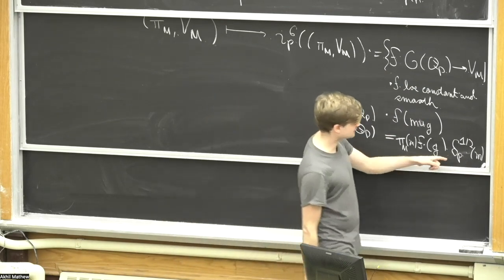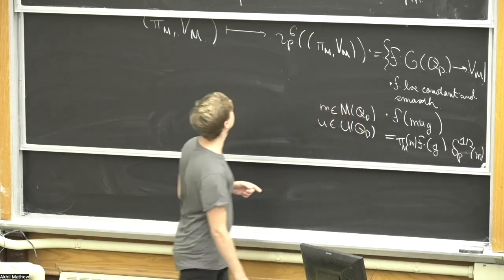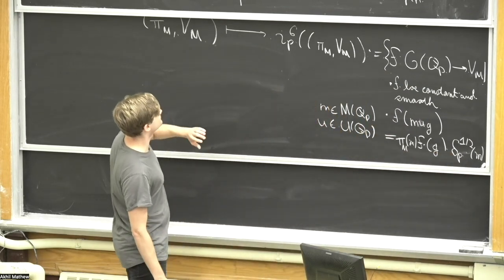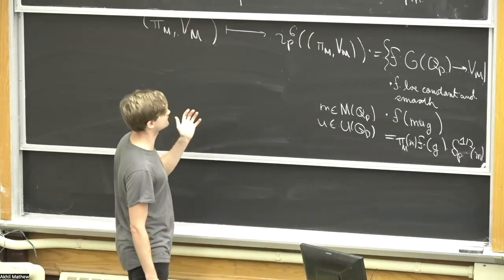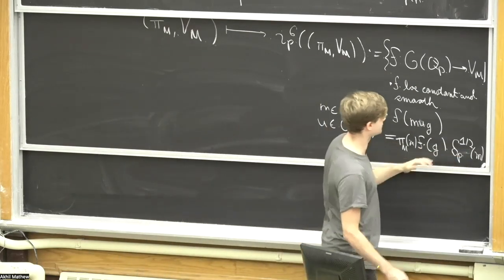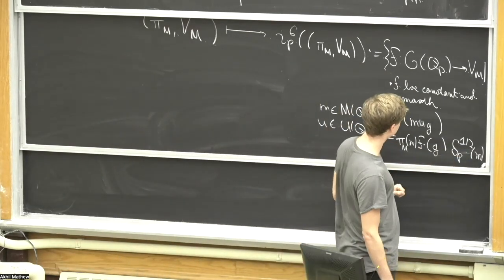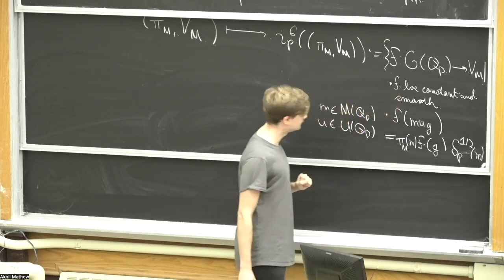If you don't know what this is, you can just kind of ignore it. Basically, it's going to be necessary because once you start taking duals of various things, this character is just going to naturally appear. So adding the square root here just makes sure that doesn't happen.